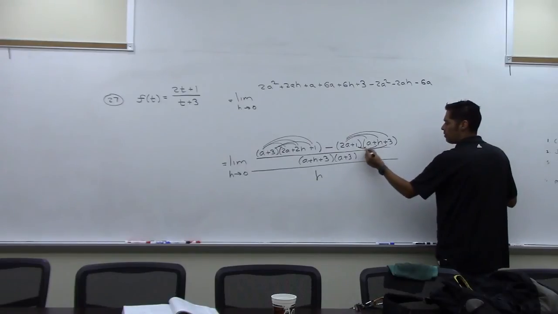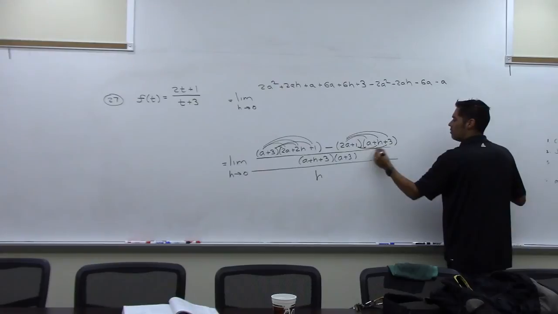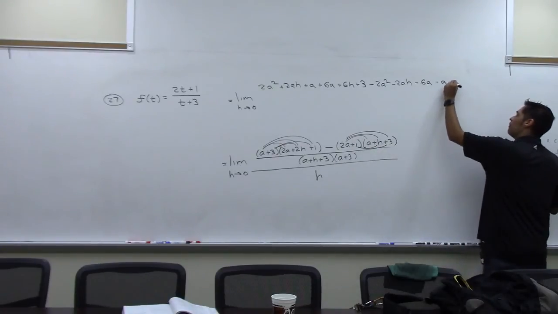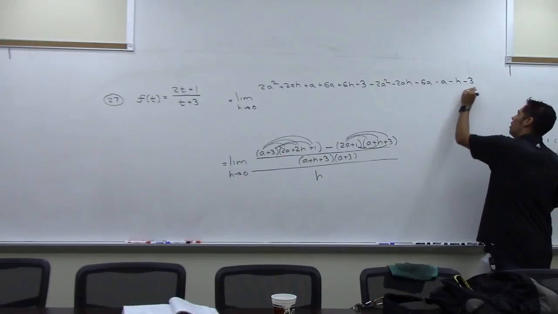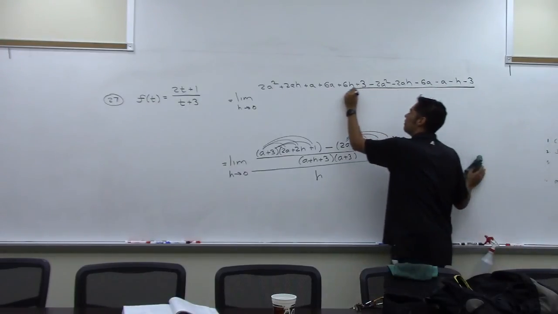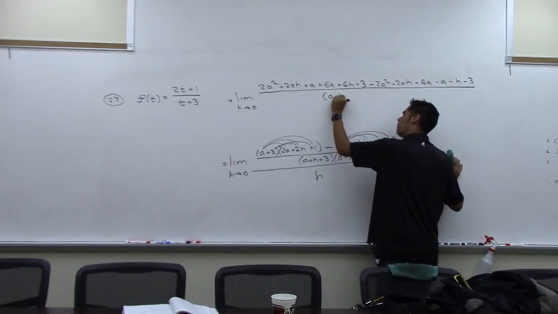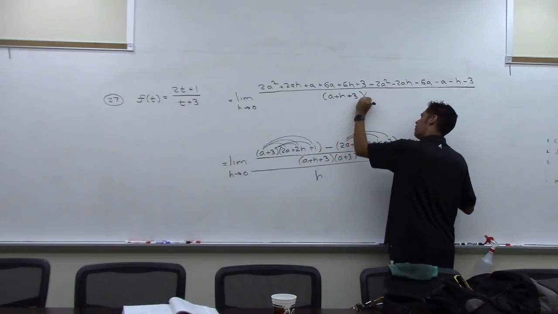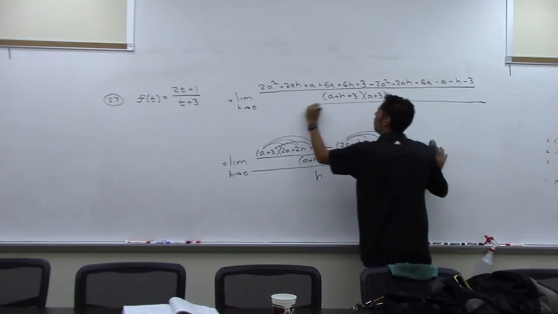Now the 1. 1 through here is a, but I'm subtracting it. 1 through here is h, but I'm subtracting it. And then negative 3. Whew. All of that over the common denominator. All of that over h.